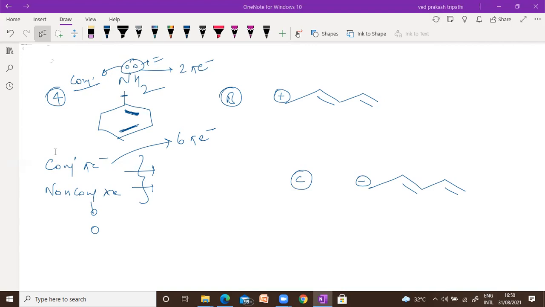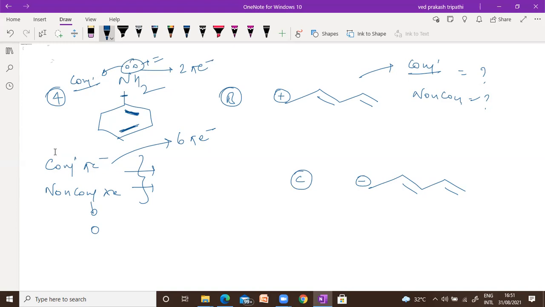Perfect. What about B? How many conjugated and non-conjugated pi electron in B? Listen, pi electron and sigma electron, two type of electron is present in any compound, but in resonance only pi can take part.